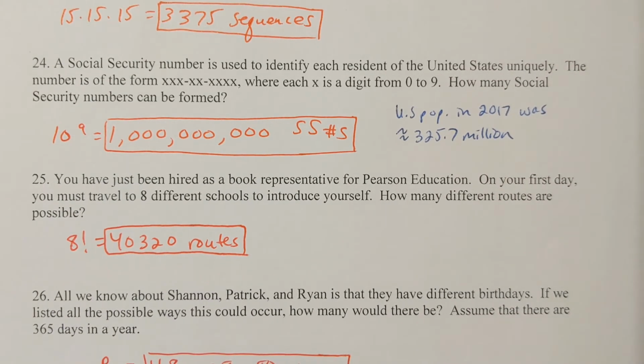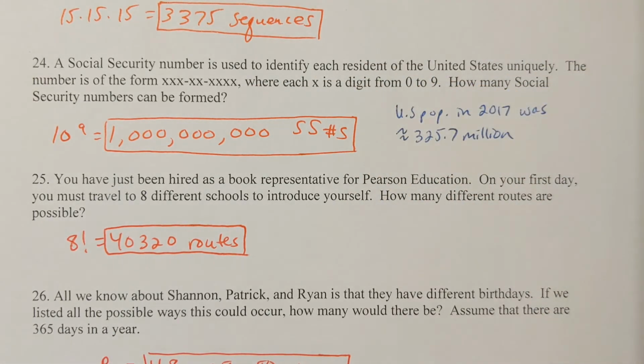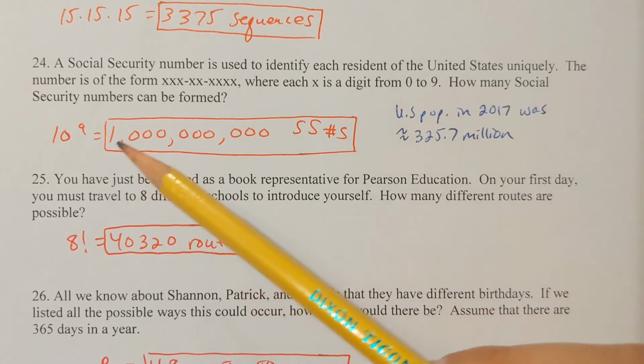Problem 24. A social security number is used to identify each resident of the United States uniquely. The number is of the form given there, where each X is a digit from 0 to 9. How many social security numbers can be formed? Okay, so 0 to 9, that's 10 digits. And the first one can be a 0.